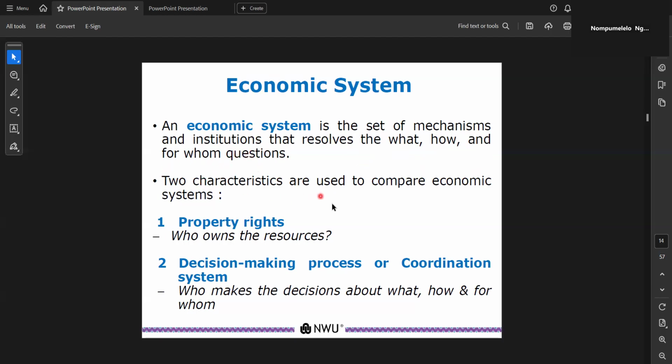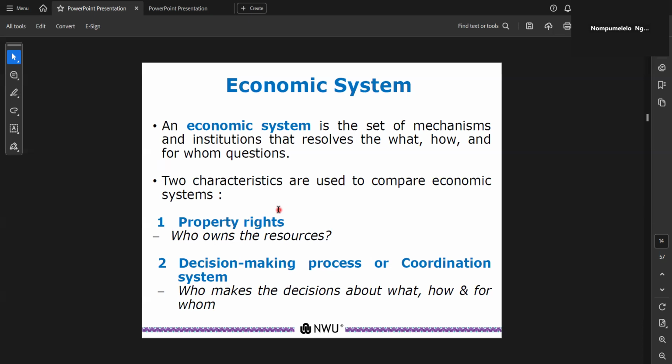Two characteristics are used to compare economic systems: property rights and the decision-making process, or coordination system. Property rights is basically who owns the resources.